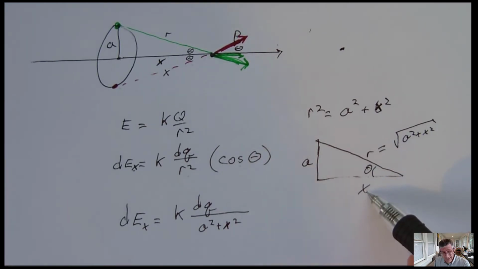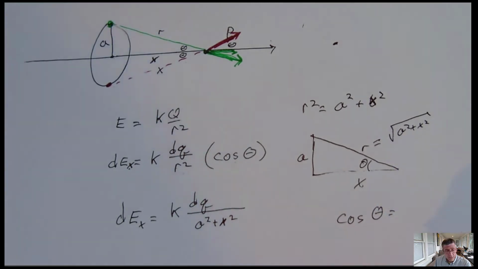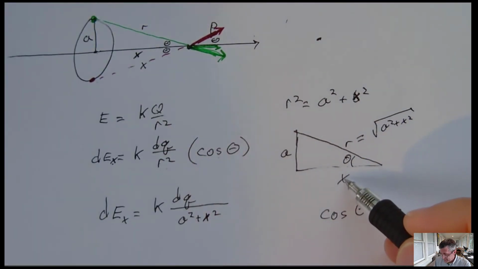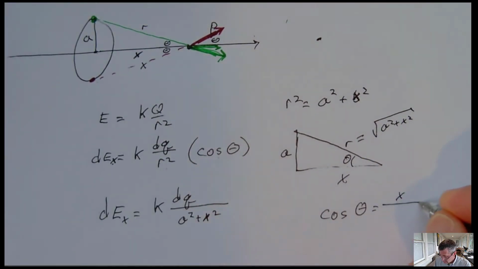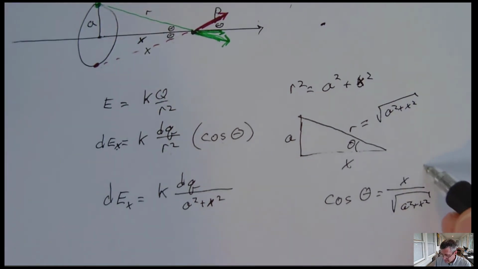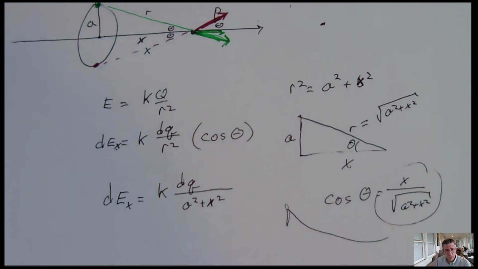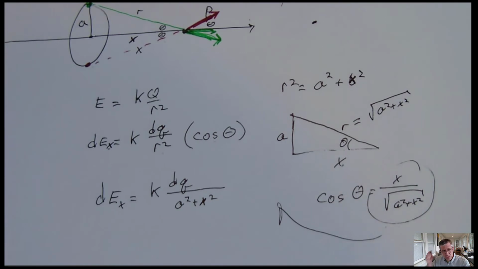So my cosine of theta is going to be my adjacent, x, divided by my hypotenuse, the square root of a squared plus x squared. So I'm going to replace cosine with this geometric function. We're going to do this a bunch, so this is going to show up in other places as well.